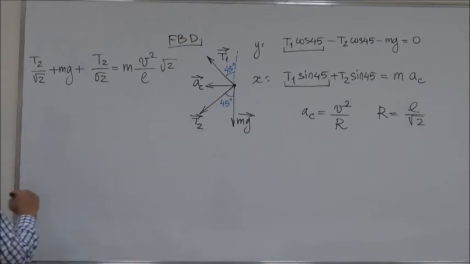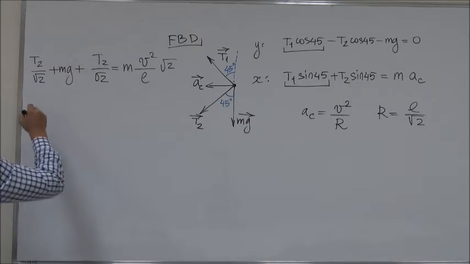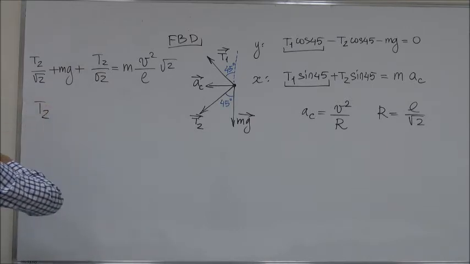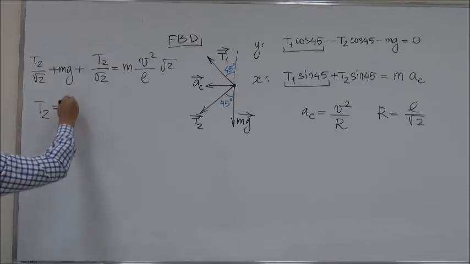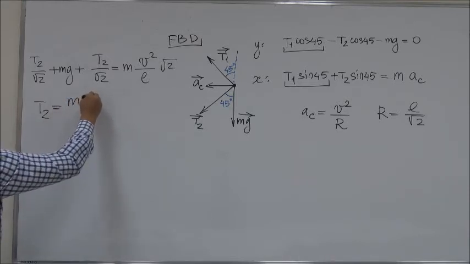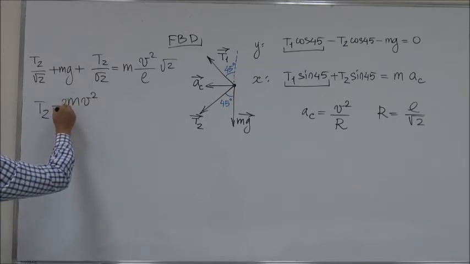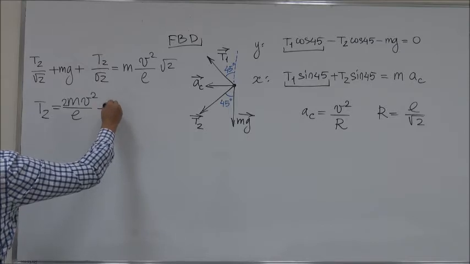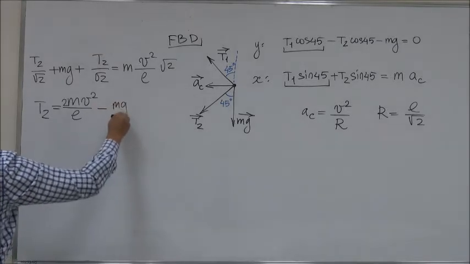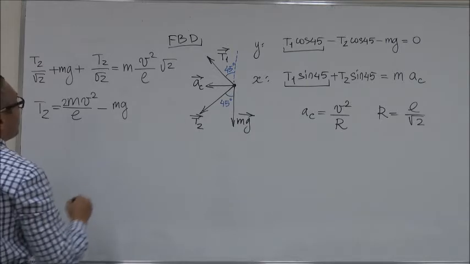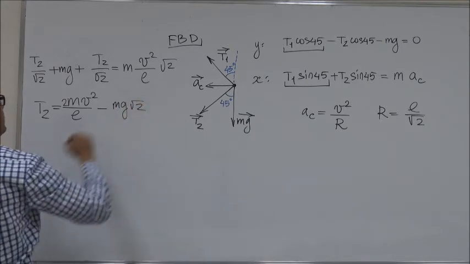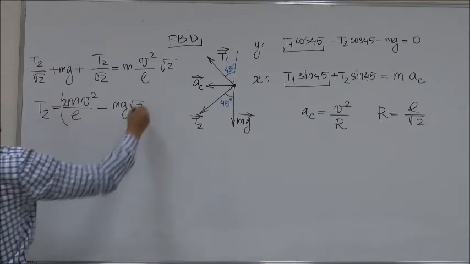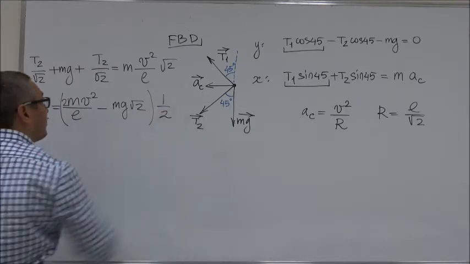So we can simplify this now. If you simplify this, you get T2 equals 2mv squared over L minus mg square root 2, and the whole thing is divided by 1 over 2.